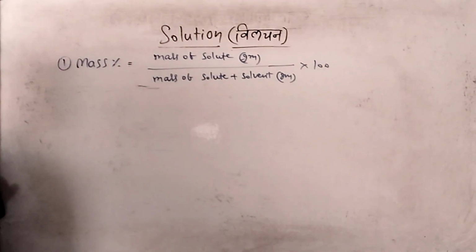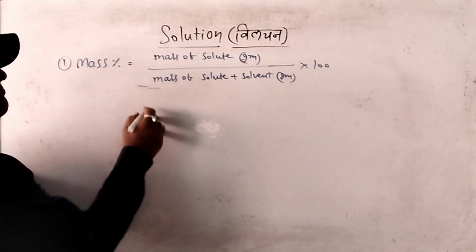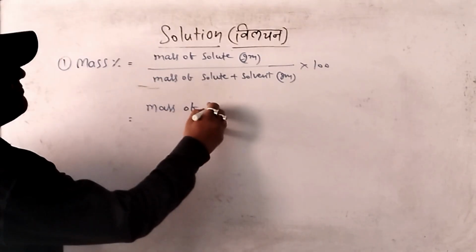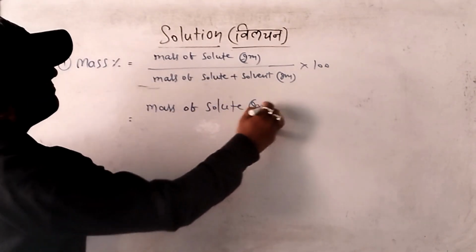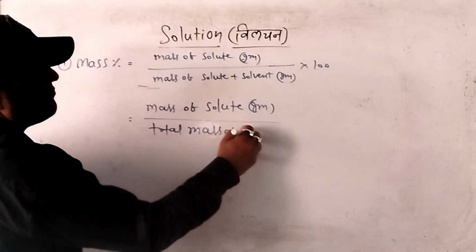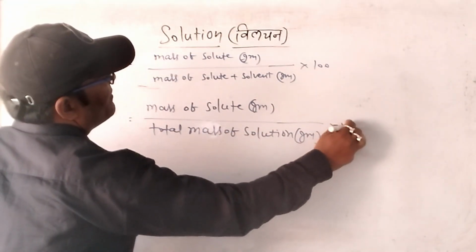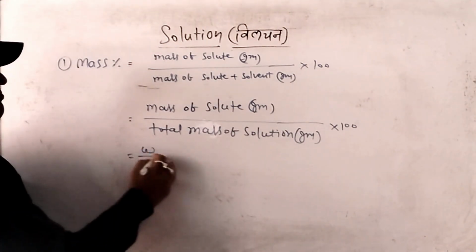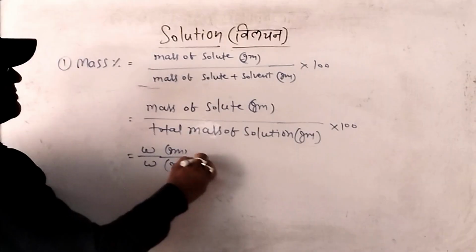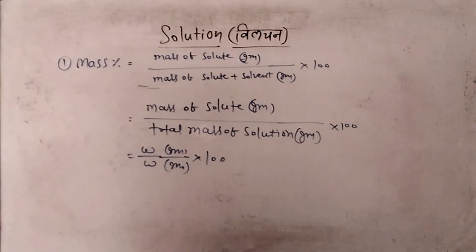With the help of this formula, we can easily find mass percentage. We can also write mass of solute in gram divided by total mass of solution in gram, multiplied by 100. So we can also write W by W, unit is gram by gram, multiplied by 100. So you can take a screenshot.